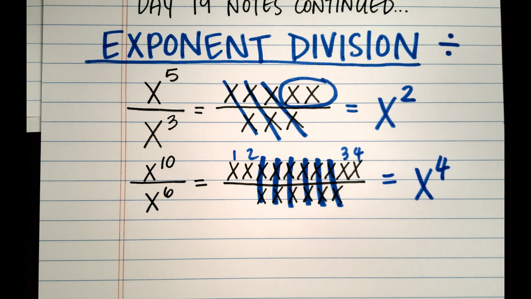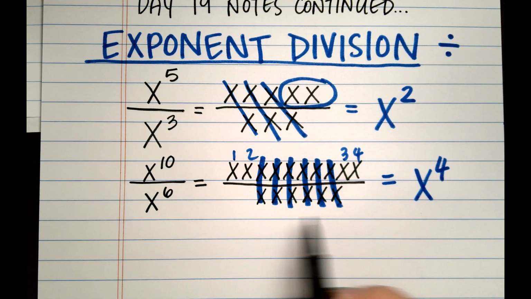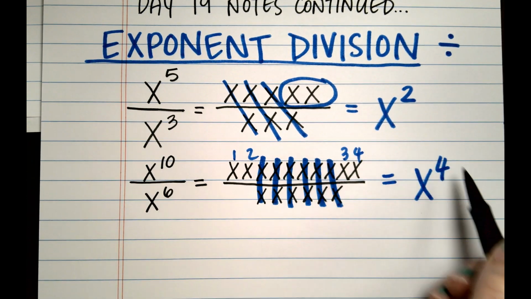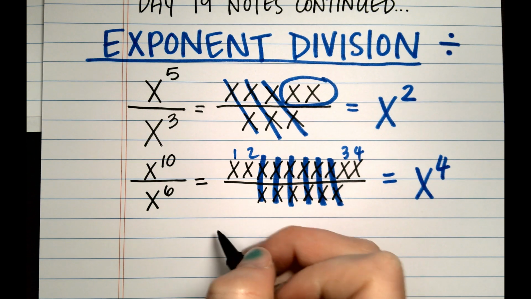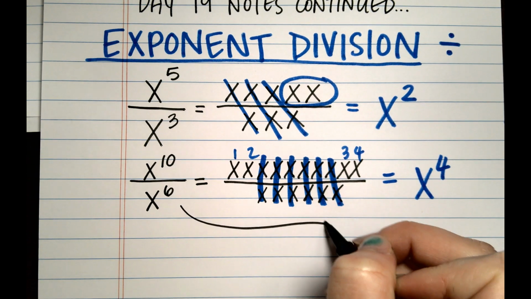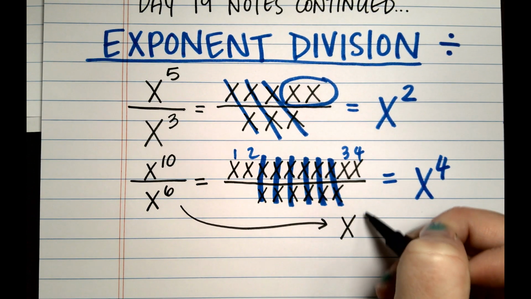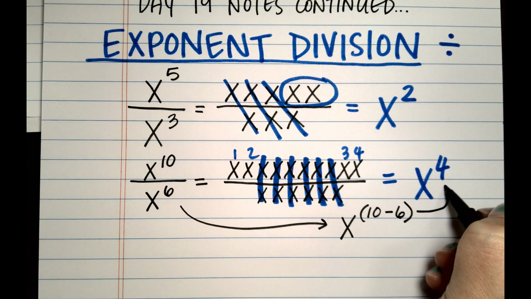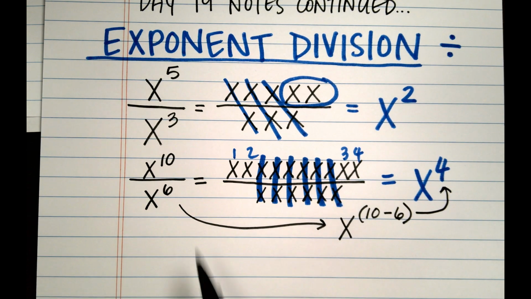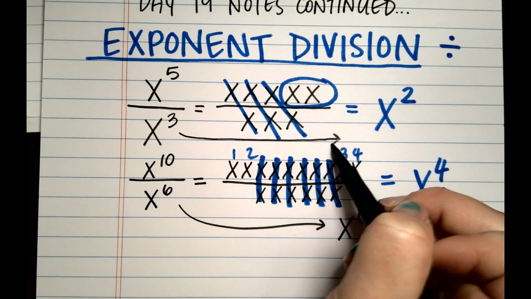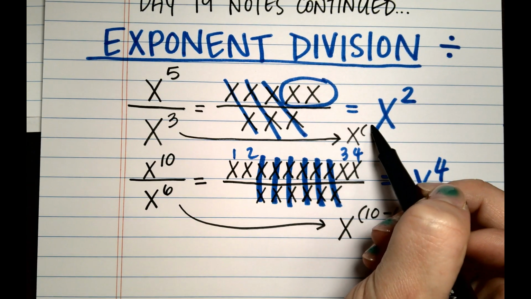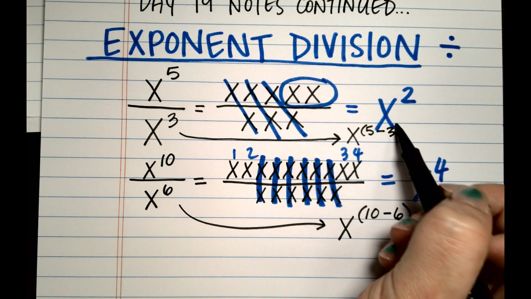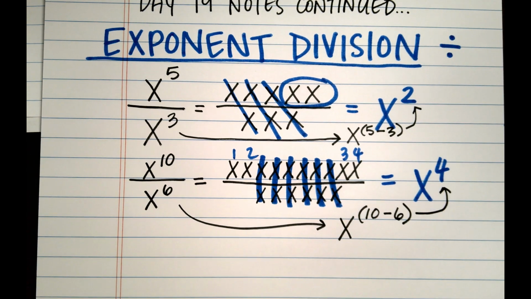The other way we could do this without having to draw all of our x's out: this is the same as 10 minus 6, 4. So let me write that out a little bit better over here. This is really just x to the 10 minus 6, and that's how we get our 4. This one was x to the 5 minus 3. That's how we get our 2.